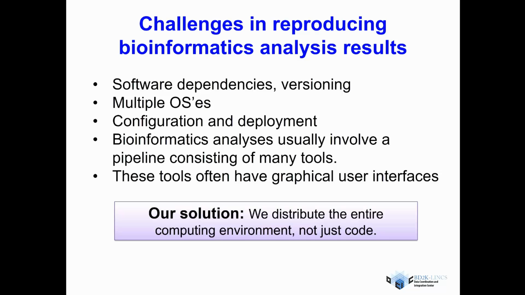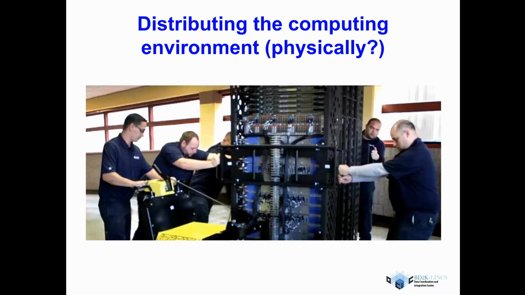So our solution is to distribute the entire computing environment and not just the code. Now, we could do this by moving the entire machine, and this is not a completely silly way of doing it. This is actually done when you have a huge amount of data to move, where you would distribute the disks around.